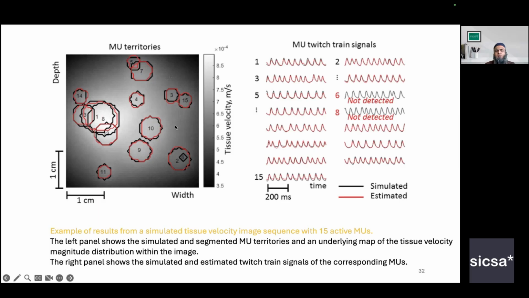And because we couldn't detect the motor units, it couldn't detect the time domain signal as well. The obvious reason for this is the overlapping of these motor units. The partial overlap might be fine, but a complete overlap is affecting the performance of the model, as we can see in case of motor unit 6.